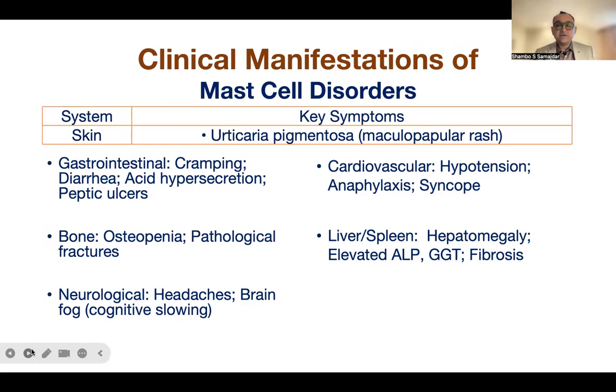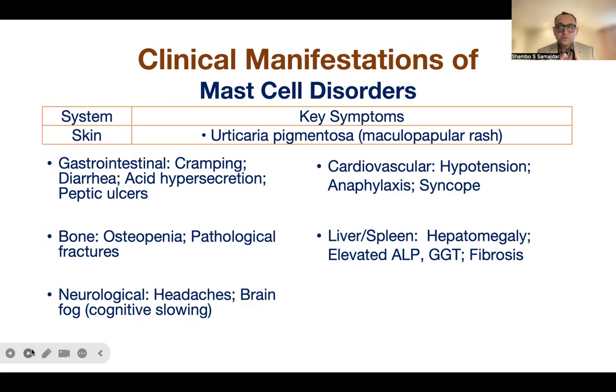Here I want to mention that after COVID, there is a theory that it may also aggravate mast cell activity, and there is one case I can share with you all. Due to difficulty in affordability, the patient had not done the necessary tests, but the symptoms of brain fog and cognitive slowing were primarily attributed to COVID.